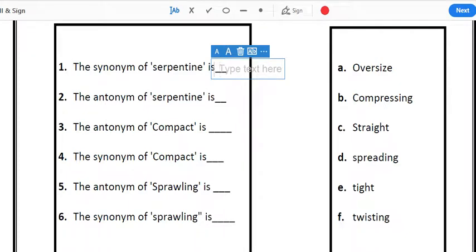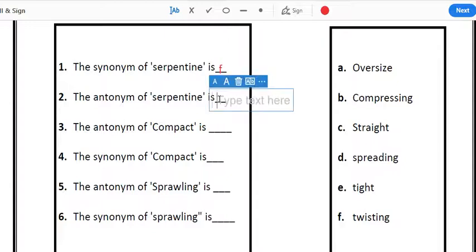We are in C. Number 1, the synonym of serpentine is, yes, that's right, F, twisting. The meaning of serpentine is twisting, so write F here. Let's move to the next one.